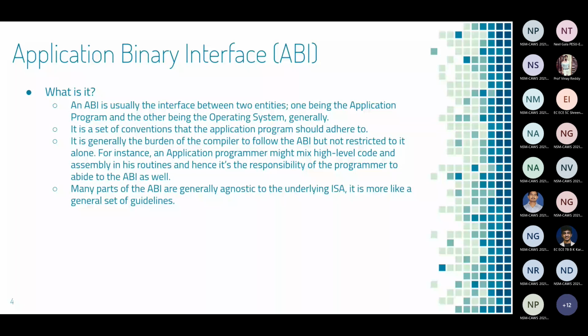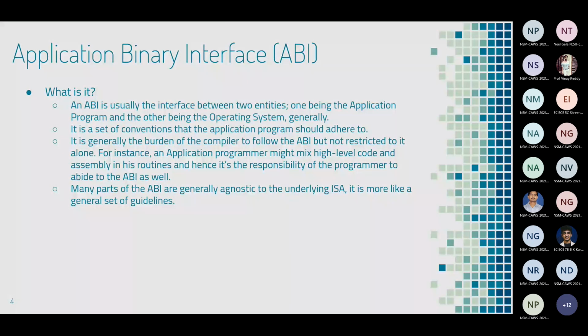Many ABI details are generally agnostic to the underlying ISA. So it's more like a set of guidelines for programmers, assembly programmers, and application programmers to follow, so that they can write compatible software. We will see how it looks in the upcoming slides.